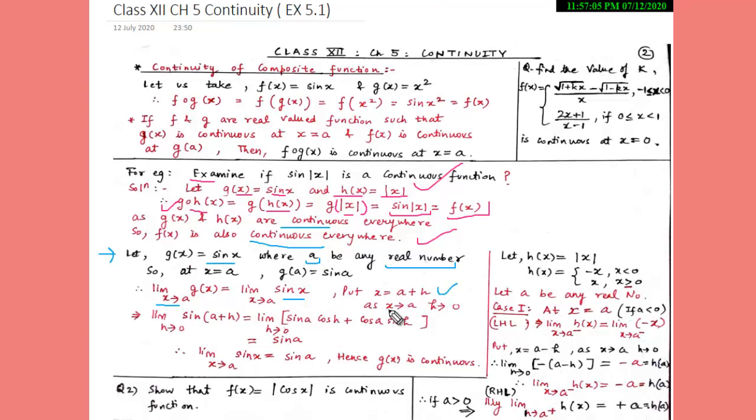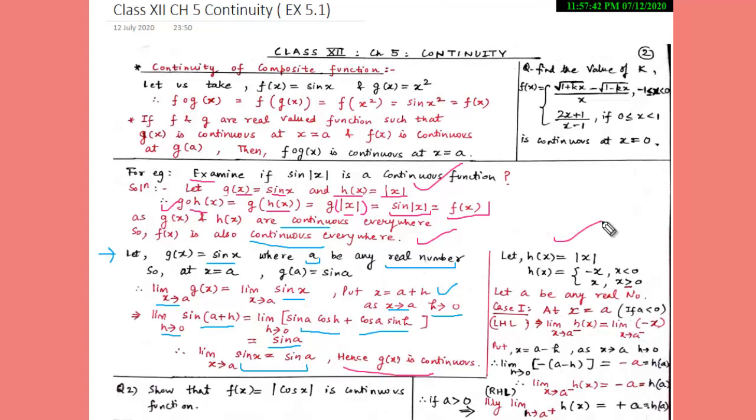So here also, as x tends to a, h approaches 0, and now we have limit h tends to 0 sin, and in place of x we will write a plus h, and now we know that sin a plus b is sin a cos b plus cos a sin b. So from here we get limit h tends to 0 sin a cos h plus cos a sin h. So on substituting limit h tends to 0 we get sin of a. So here, as you can clearly see, limit x tends to a sin x equals sin a, which equals g of a. So student, from here our function g(x) is continuous.